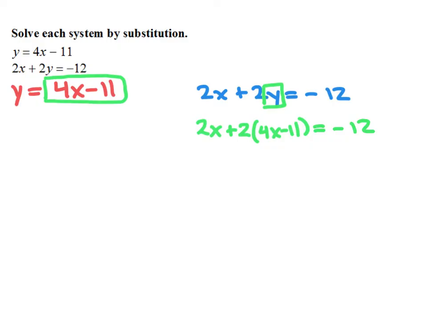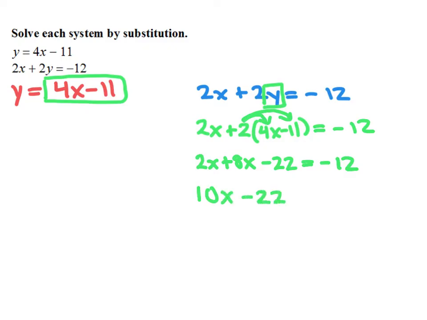Now if I want to solve this equation, I first have to distribute the 2. So I'll have 2x plus 8x minus 22 equals negative 12. Combine like terms, so I'll have 10x minus 22 equals negative 12.